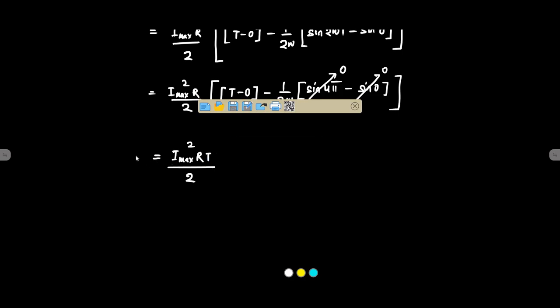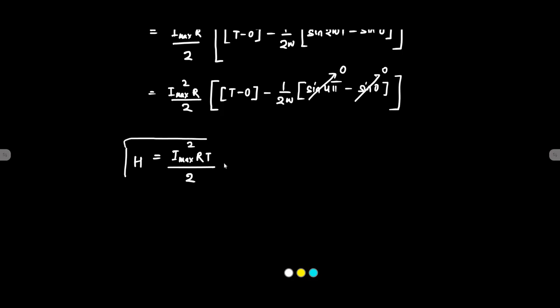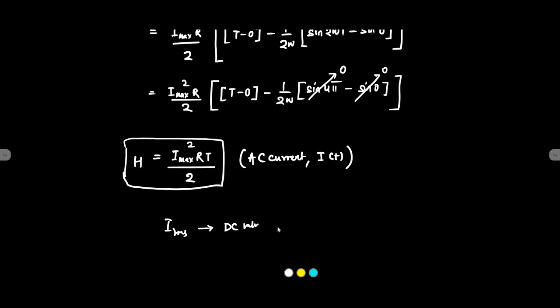This is the amount of heat which is produced because of the flow of the alternating current. Now, I RMS is the equivalent DC value, or DC representation of the AC current.